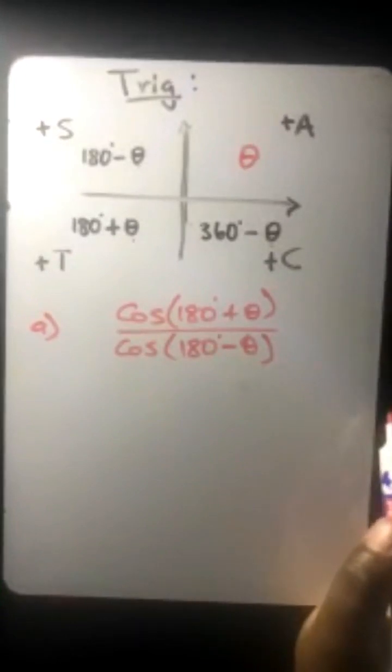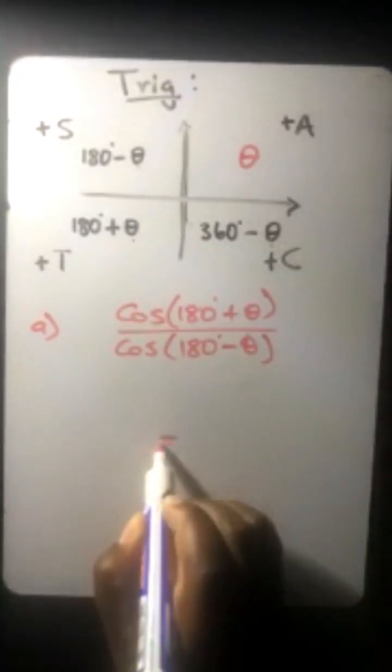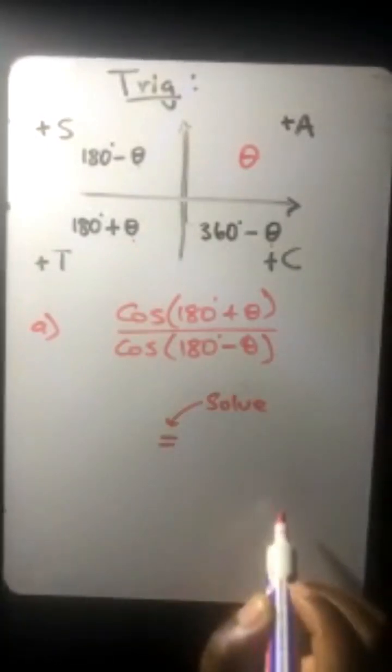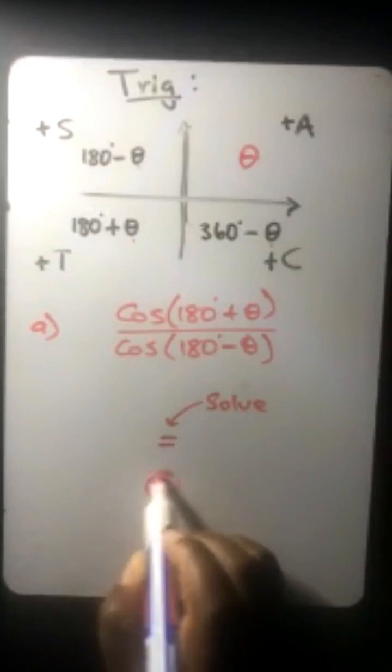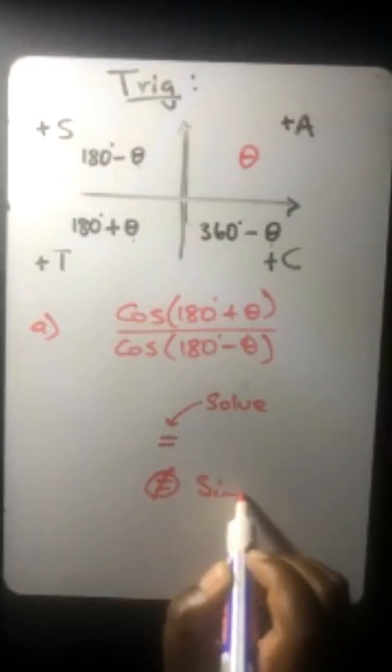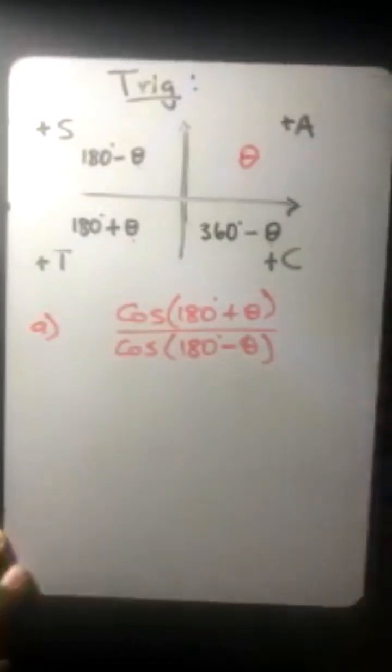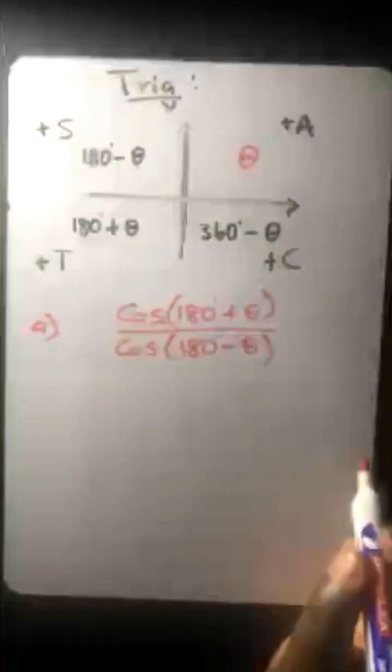Kabza, remember, every time when you see an equal sign, it means you solve. But if there is no equal sign, you simplify. I'll just keep it simple, just so that you always know what's going on.